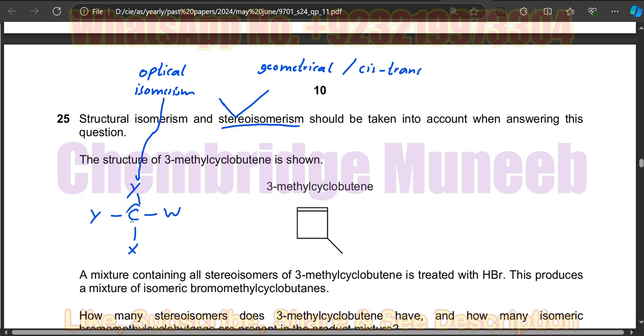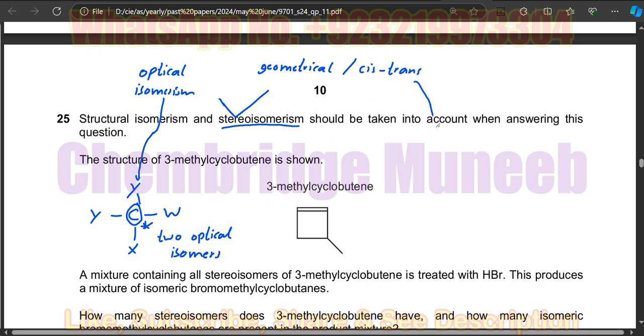Then this central carbon will be considered a chiral center, and for every one chiral center, there are 2 optical isomers.